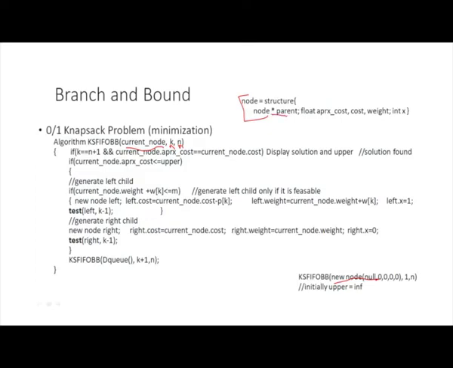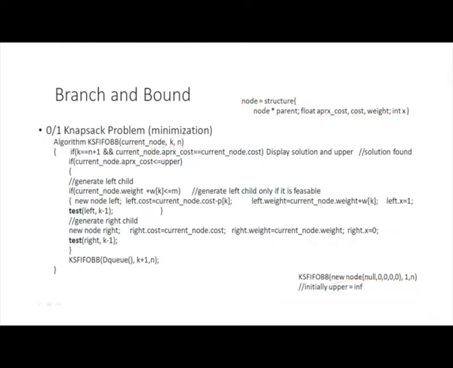Each node has a link to the parent. Each node has the approximate cost that has been calculated using the lower bound function. It has the actual cost, and it has the weight, how much it contributes after we add this particular item to the knapsack. And this x variable, a member of this node, takes values either 1 or 0: 0 if this item is not added to the solution, and 1 if this particular item is added.